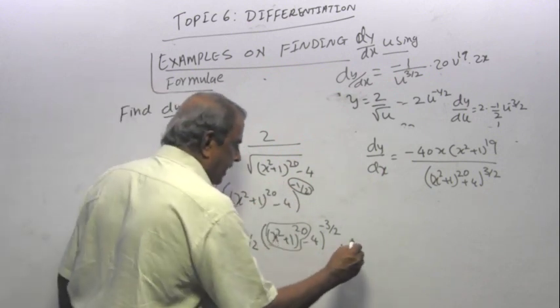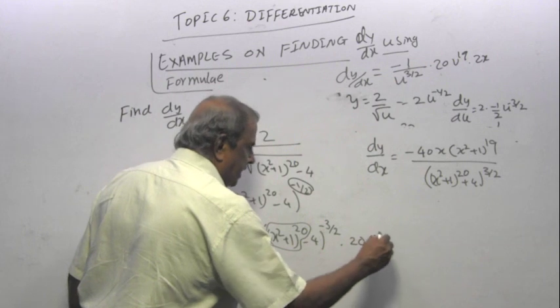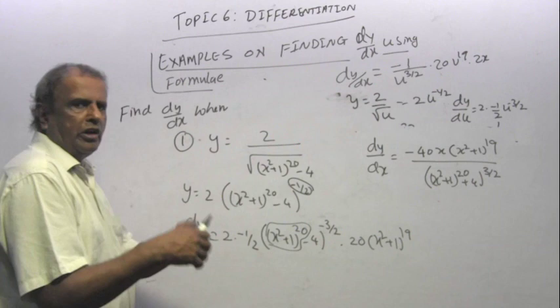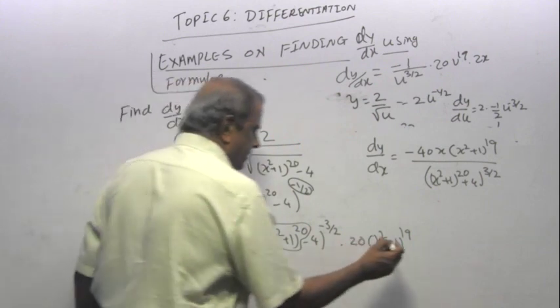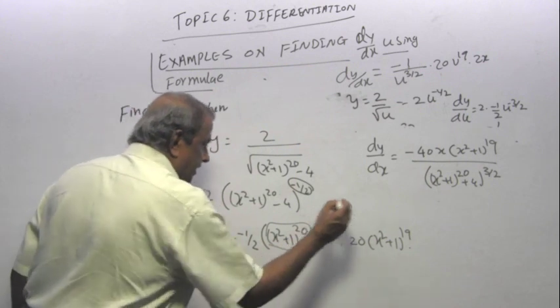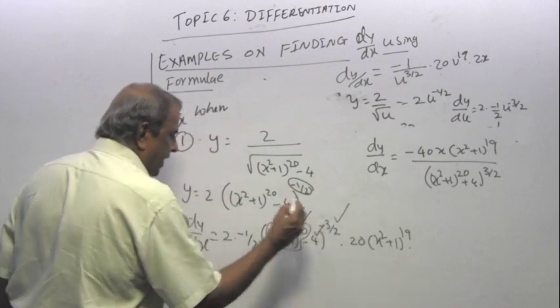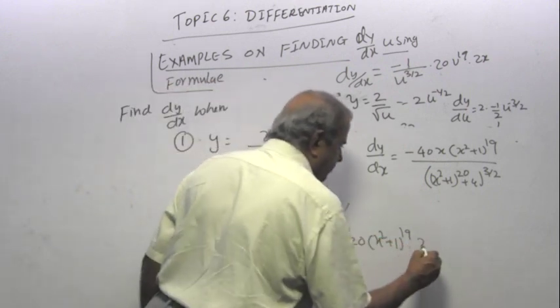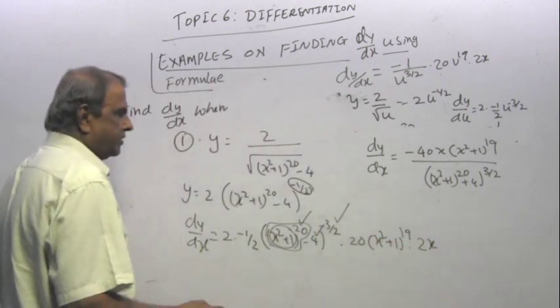So power 20 gives you anything power 19, but the minus 4 gives you 0, so I don't have to write it. I have done that, I have done that. The only thing that's left is x squared plus 1. When I differentiate x squared plus 1, I get 2x.